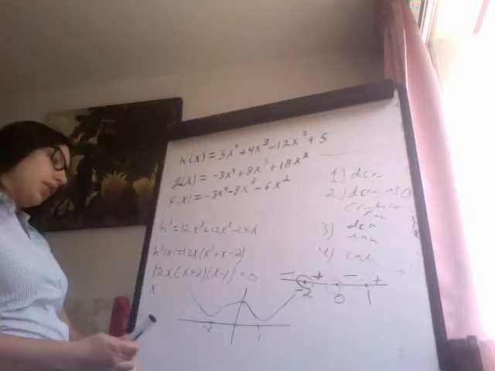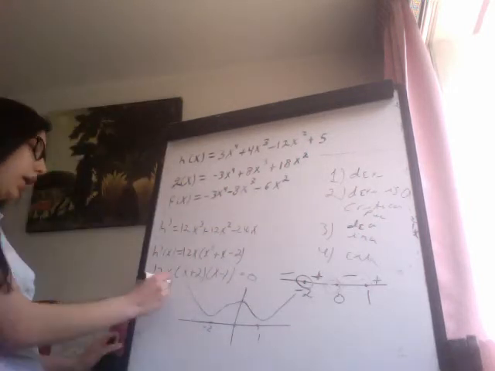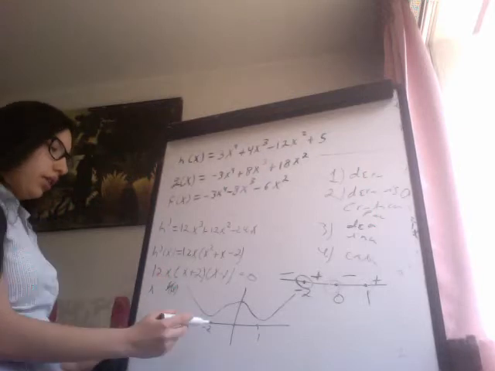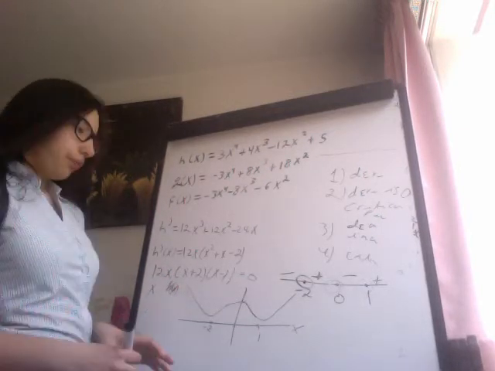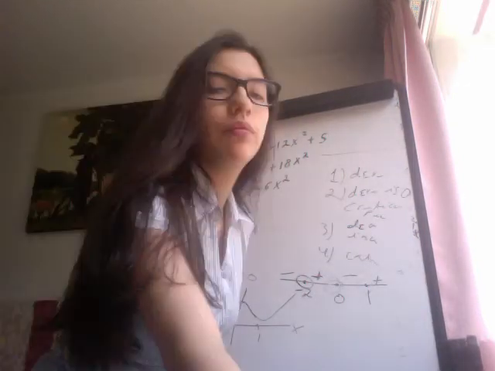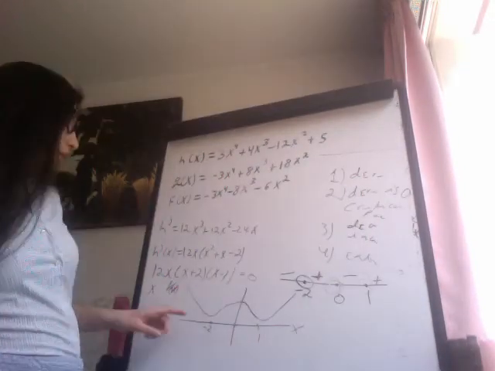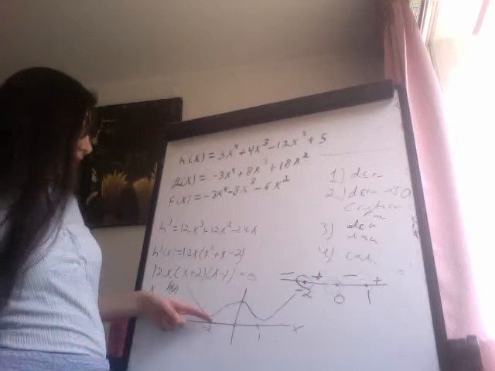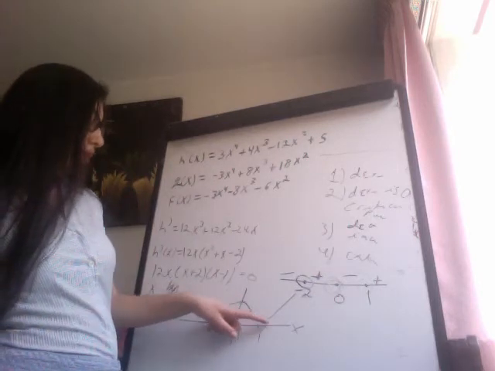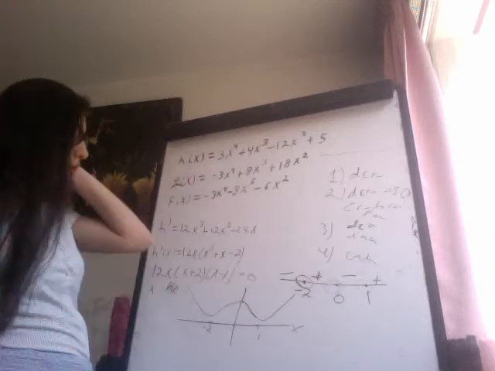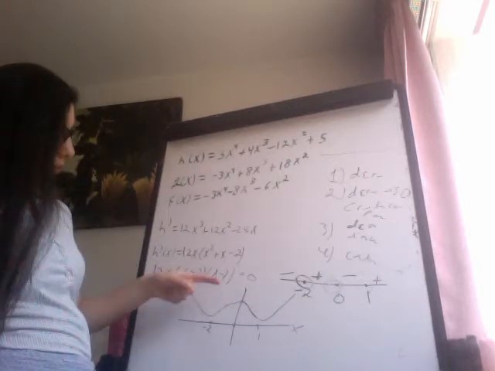The important issue is that this is the graph of h of x, and this is x. So here the function is decreasing, then increasing, decreasing, slope 0 and increasing. So we have a relative maximum here.